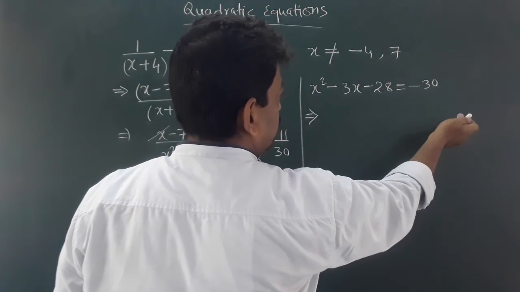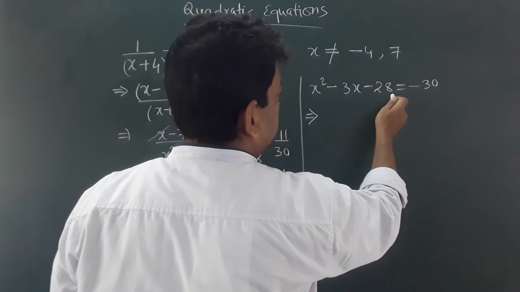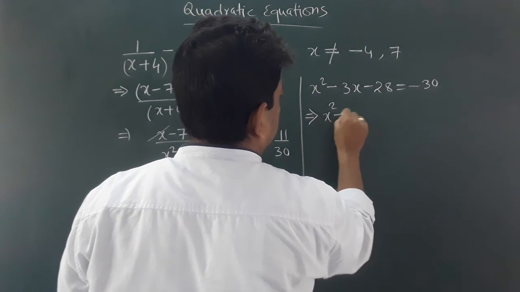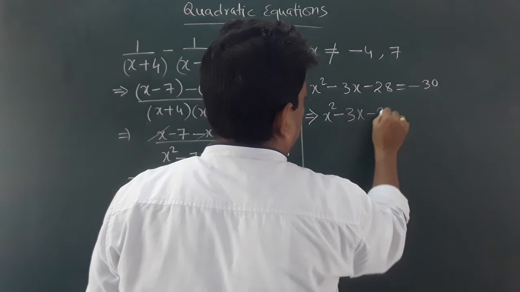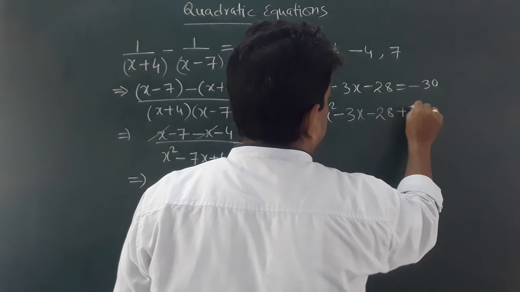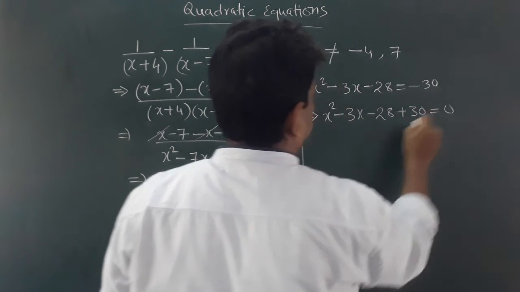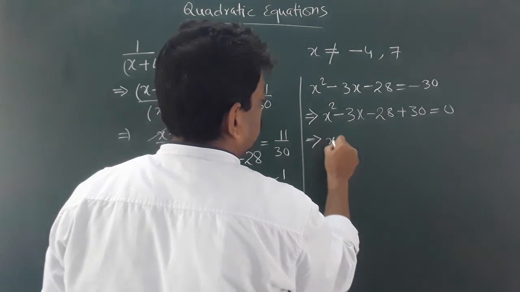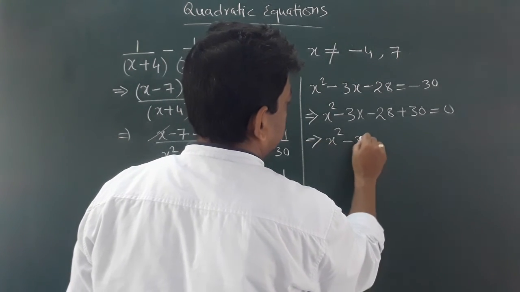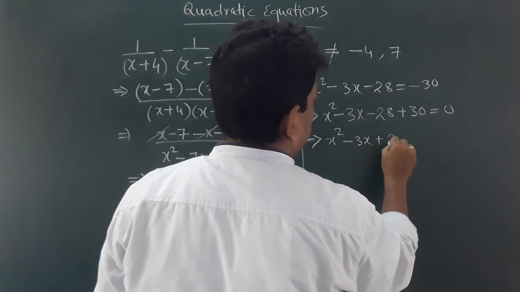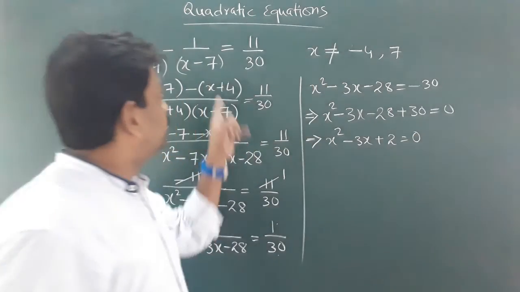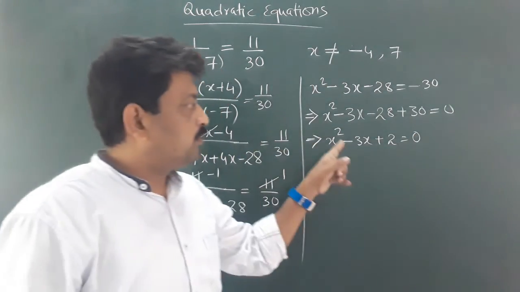Right hand side will become 0. We have to bring minus 30 to the left hand side. So x square minus 3x minus 28 plus 30 equals 0, or x square minus 3x plus 2 equals 0. This given equation is now reduced into this form.